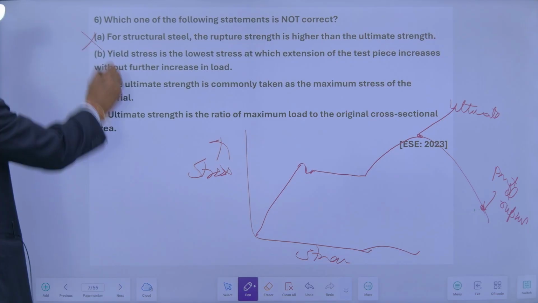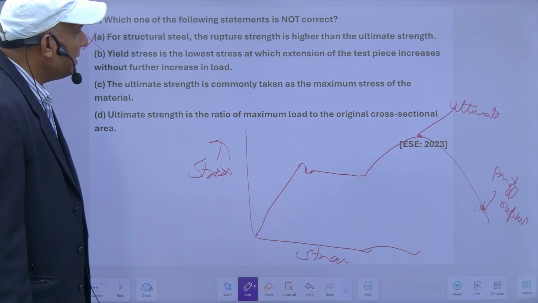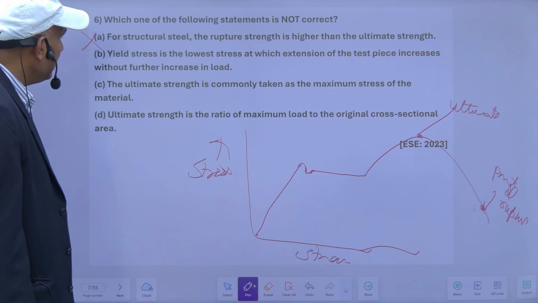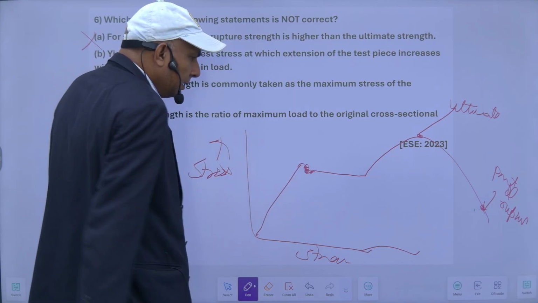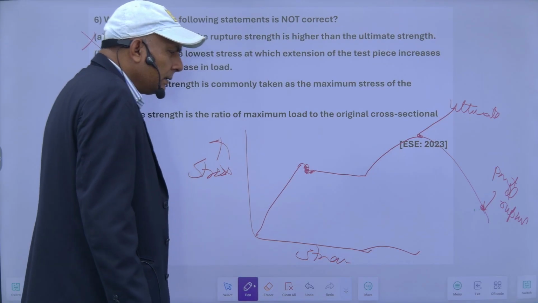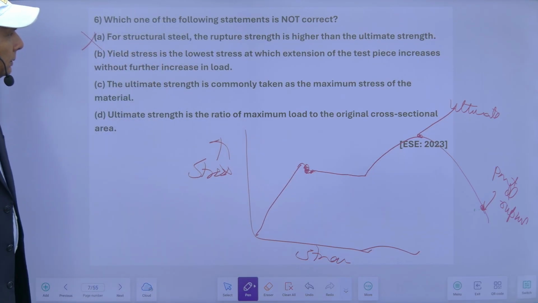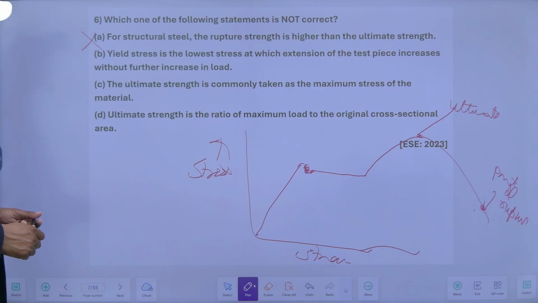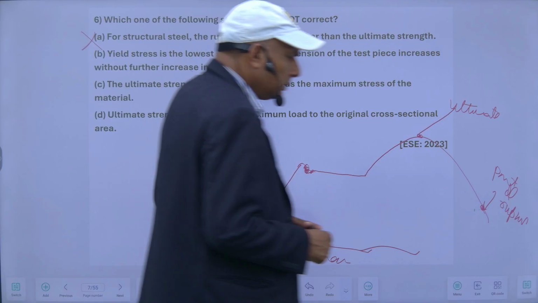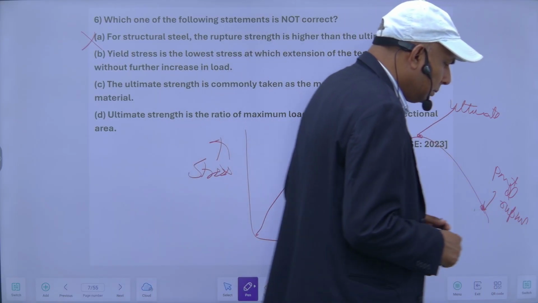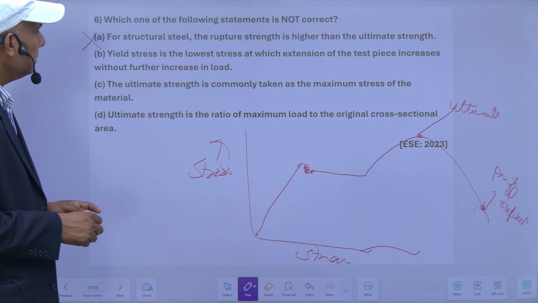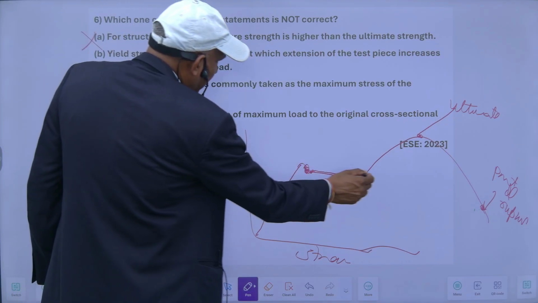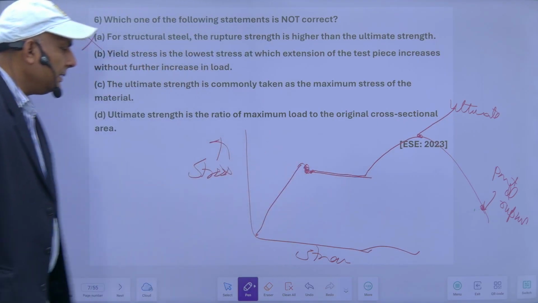Yield stress is the lowest stress at which the extension of the test piece increases without an increase in the load. This is the yield point. From this point, without increase in the stress, there is an increase in strain.